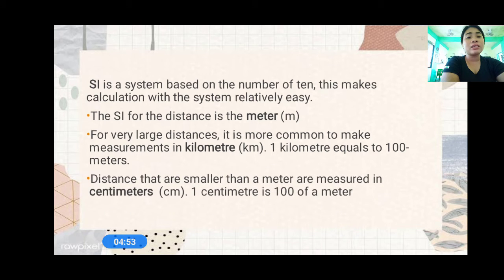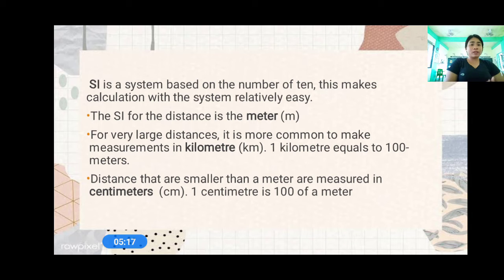Now distances that are smaller than a meter are measured in centimeters. If it is smaller than a meter, then we use centimeters or cm. Now 1 centimeter is 1/100 of a meter. Do you understand? Okay, very good. Now, the SI unit for distance is meter or m.